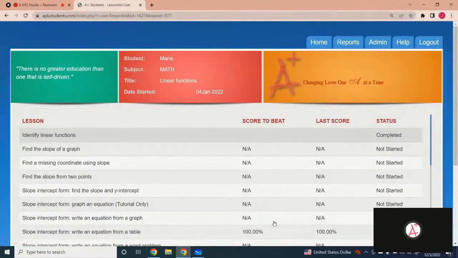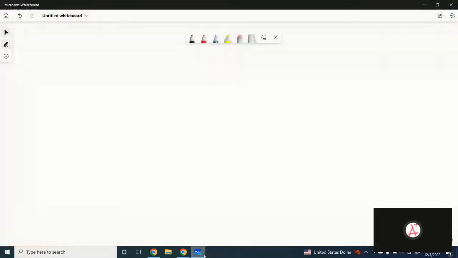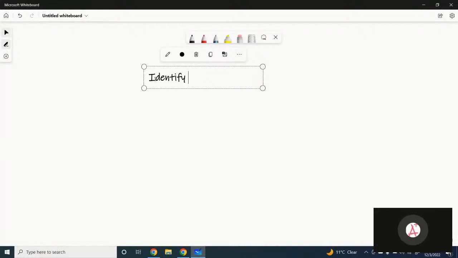The topic we're going to start with is identify the linear functions. Let me write down the lesson name. Identify linear functions. Got it?